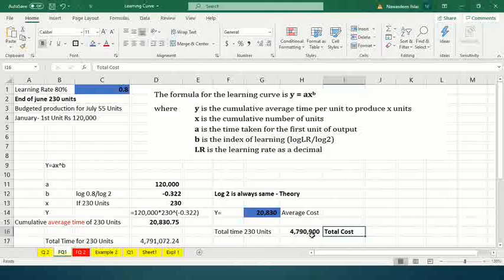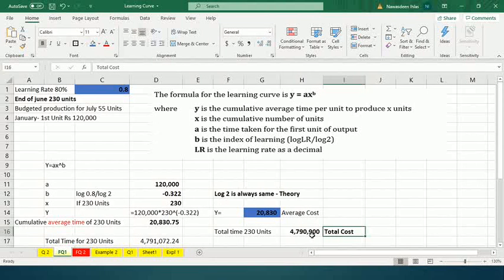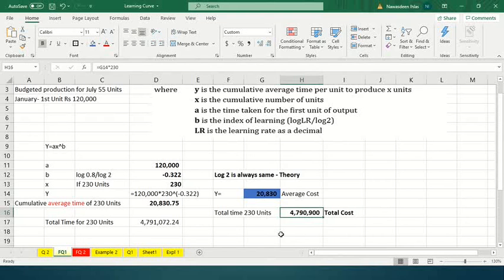මේ labor related total cost we can identify 4,790,900. So this will be the total cost if we produced 230 units. This will be the average cost per unit if we produce 230 units. Understood?